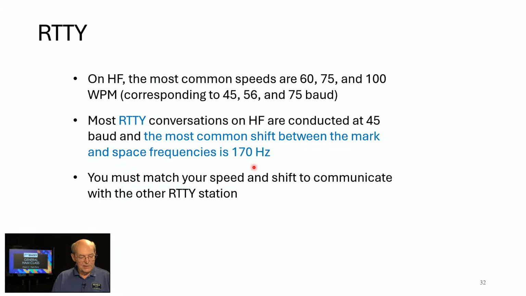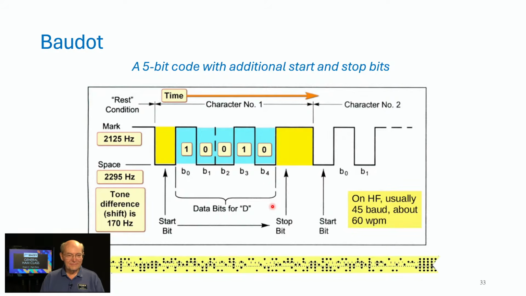We saw this a little bit earlier, just reinforcing it and putting it in the context of the poll question. And you must match your speed and shift to communicate with the other RTTY station. So it's how you're quacking on one end versus how you're interpreting the quacks on the other end. I love that picture. Gary Larson, I think there was something funny about his head. I don't know how he came up with all that stuff.